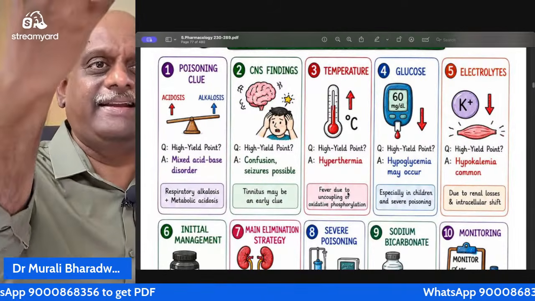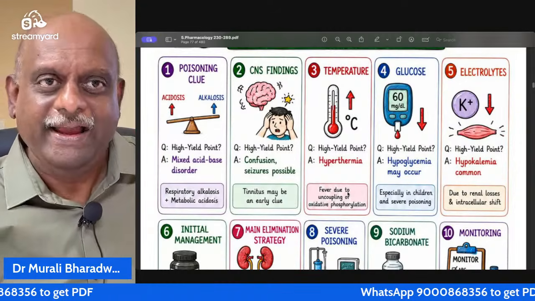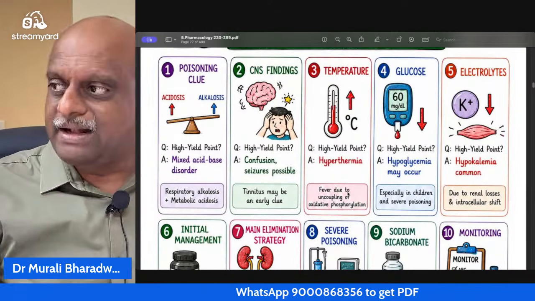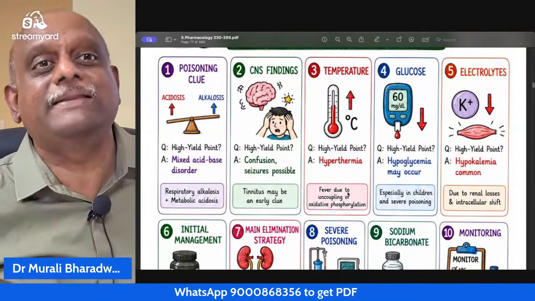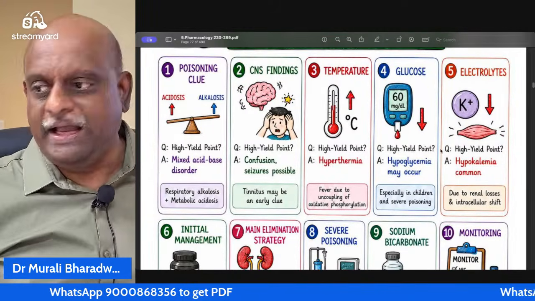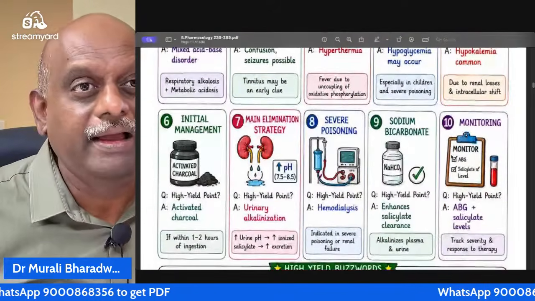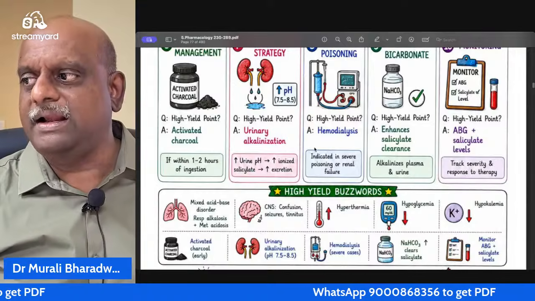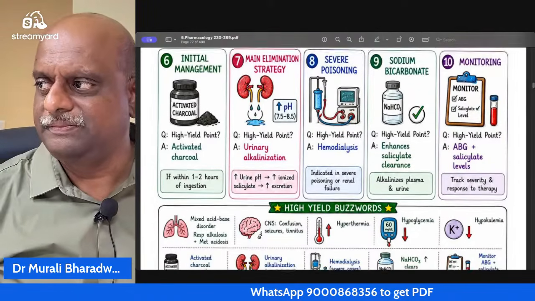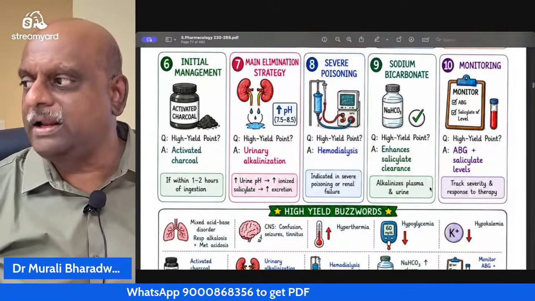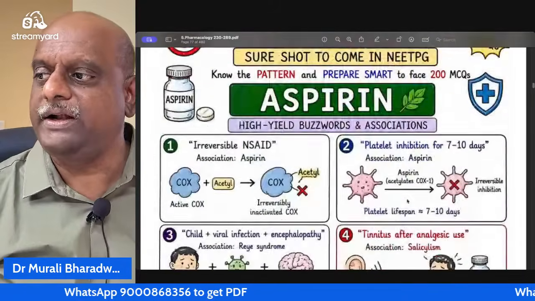Instead, that heat is released instead of being converted into ATP, because salicylate inhibits the electron transport chain. That leads to intense hyperthermia. It leads to hypoglycemia, hypokalemia. How do you treat toxicity of aspirin? Activated charcoal, urinary alkalinization, hemodialysis, and you give soda bicarb to alkalinize the urine is what we need to remember.